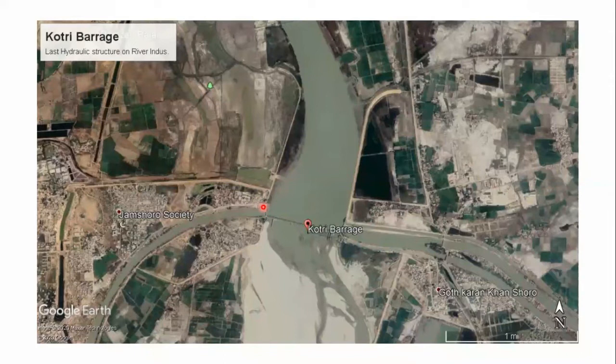So the major purpose of a barrage is to divert water. The diversion of water is very easily visible here. My cursor right now is moving along the river path. A river is obstructed by a weir or a barrage, and that weir or barrage is diverting water on the left and the right side, and the water is diverted into canals.